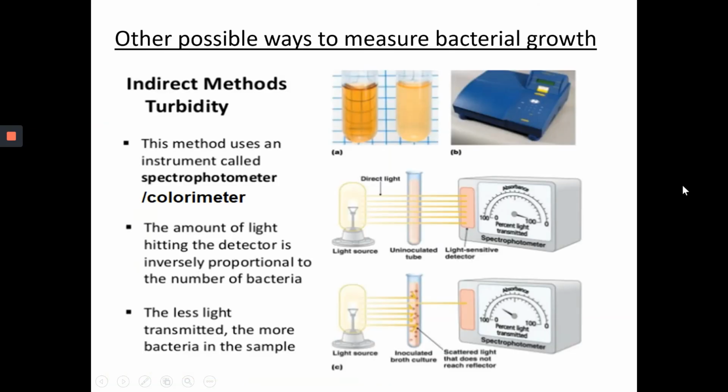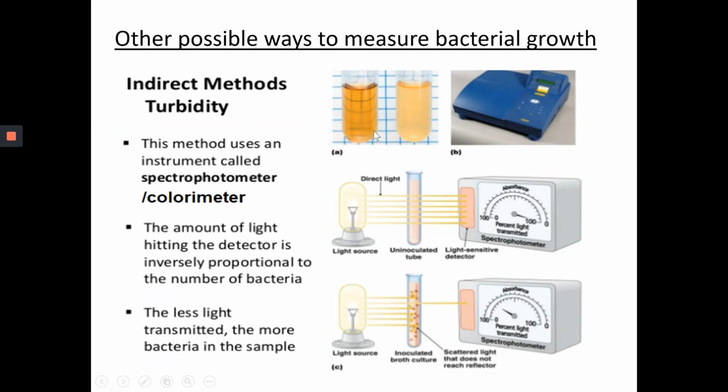Apart from the 2 main methods, the pour plate method and the spread plate method, another possible way to measure bacterial growth is turbidity, by measuring the turbidity of the solution. Let me walk you through it. You have some nutrient broth and you add some bacteria to it. Once the bacteria is added, the nutrient broth is slightly cloudy.